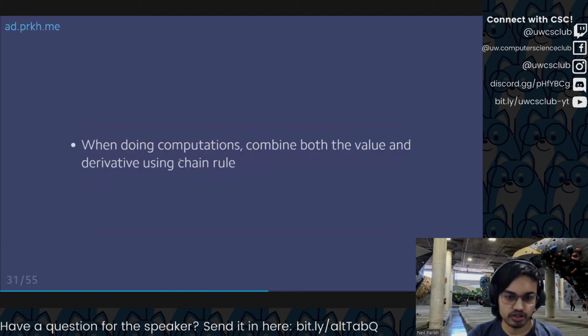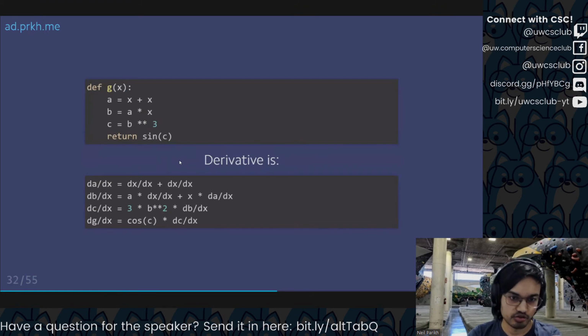So, coming back, what we're saying is that when doing computations, combine both the value and the derivative using the chain rule. What does that mean? When we calculate a equals x plus x, we should also calculate dA dx equals dx plus dx. When we calculate b equals a times x, let's calculate dB dx.